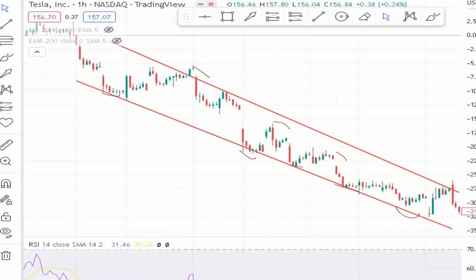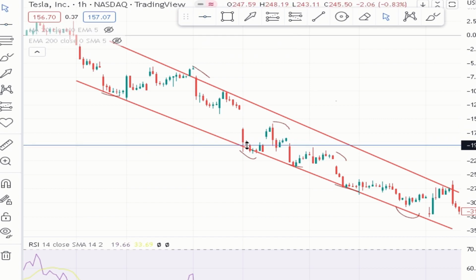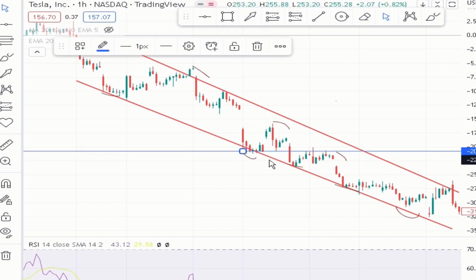So let's just move on. One thing you want to know is, once the resistance and support breaks, it becomes the next resistance or support. Like here, for instance, this is our support area, right? Once it's broken, now that becomes our resistance.